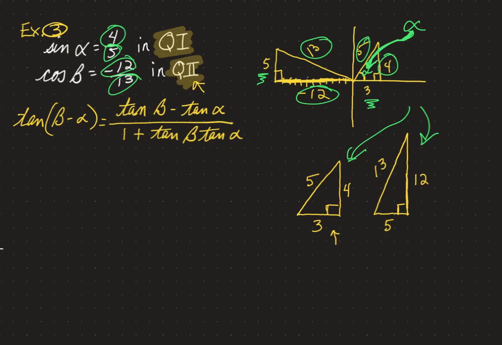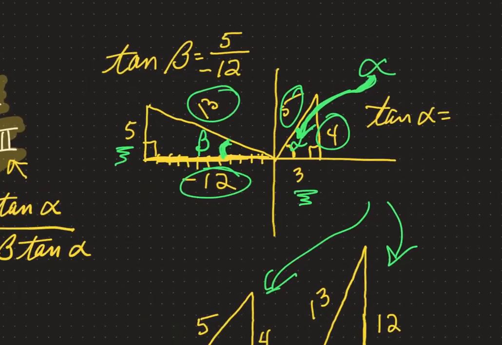And beta is here. There's a little more room for beta. Okay, that's this angle. Let's look and see what the tangent of beta actually is there. It is the opposite, which is 5. Length of side is 5. And the adjacent side is negative 12. Now let's find the tangent of alpha. Let me make this bigger so you can see it easier.